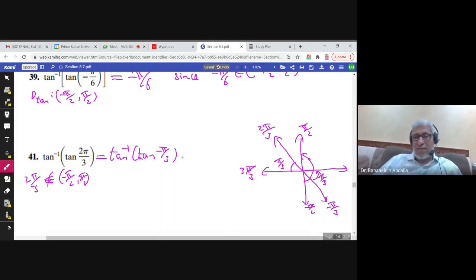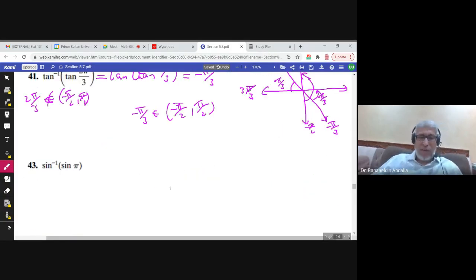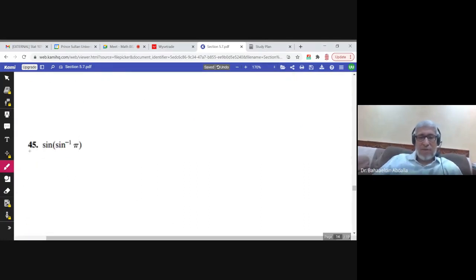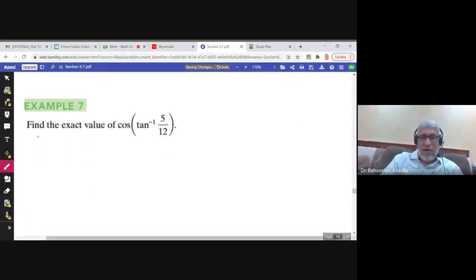So this is correct. Now, since negative pi over 3 is in this domain, the answer would be negative pi over 3, and that's the answer that would be given by the calculator. Please try this one, 34, and also 45.